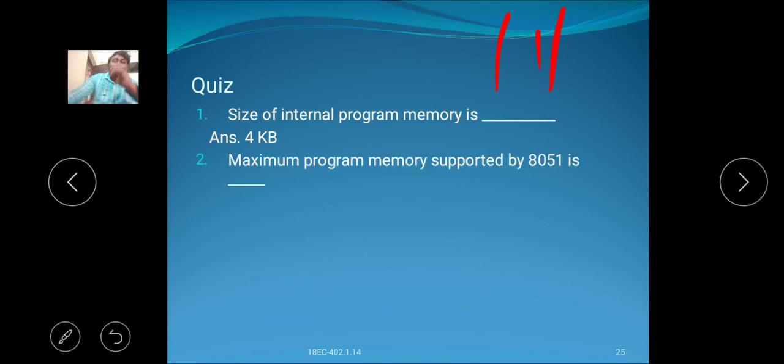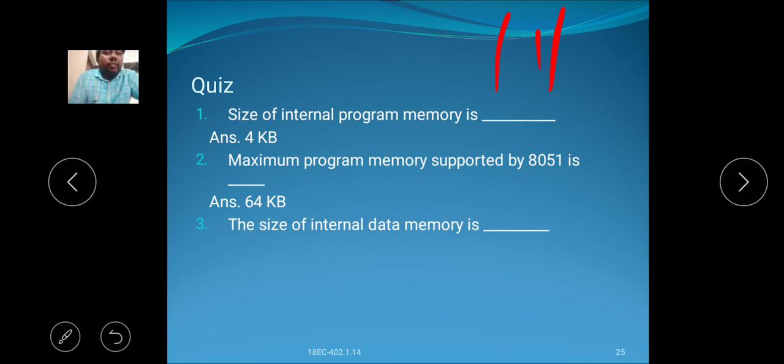The maximum program memory supported by 8051 is 64 kilobytes. Again I am repeating, the size of internal program memory is 4 kilobytes. The maximum program memory supported by 8051 is 64 kilobytes.